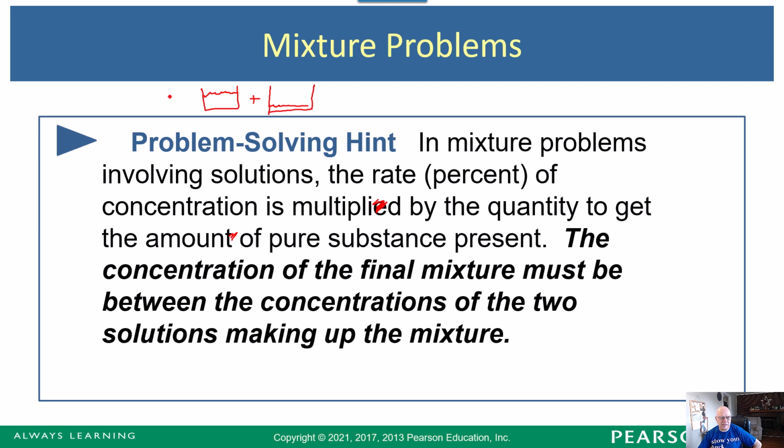Now, if this container is a 5% solution and this one is a 10% solution, what we'll get by mixing those together, throw this in there, throw this in there, and what do we have? Well, because this one's 5% and this one's 10%, this one here is going to be between 5 and 10%, somewhere in the middle.